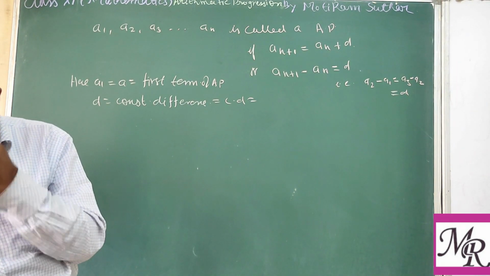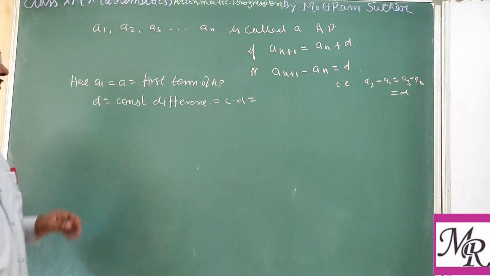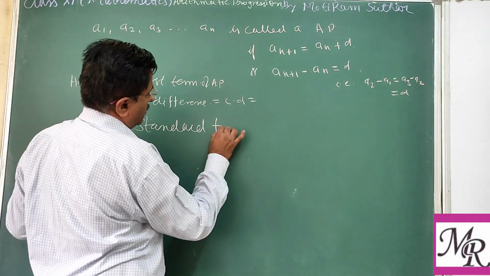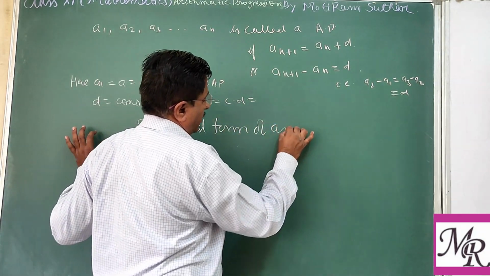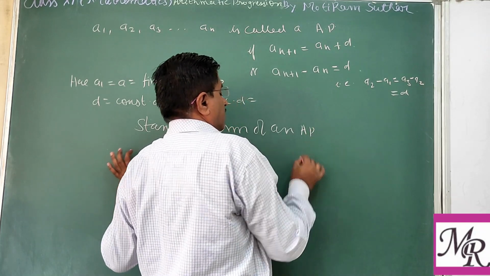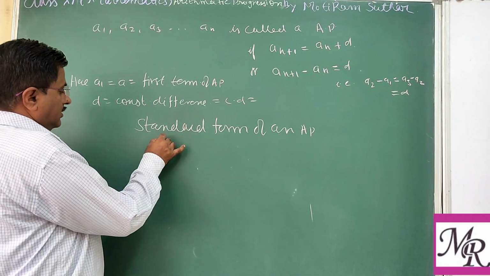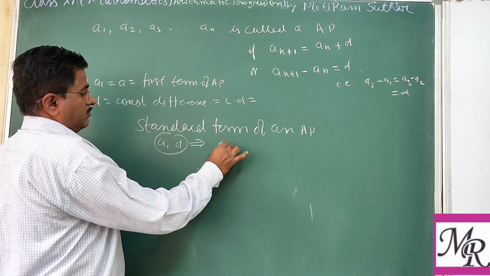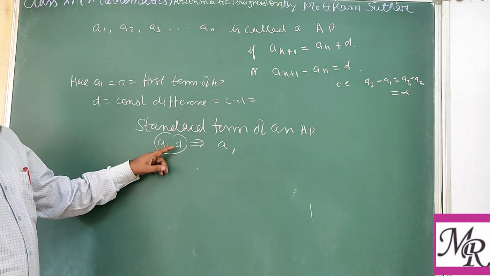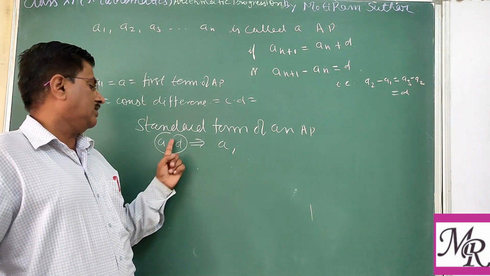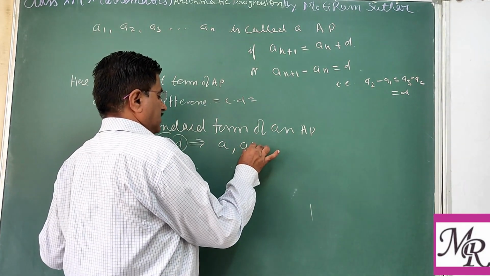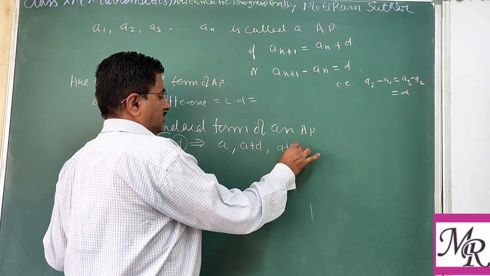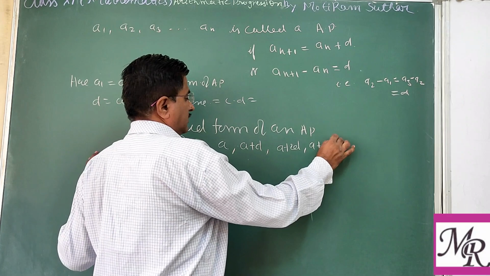Clear? So let us consider an AP in standard form. As you know, if the first term is a and the common difference is d, then the AP can be written as: first term a, second term is first term plus common difference, a plus d, third term a plus 2d, then a plus 3d.